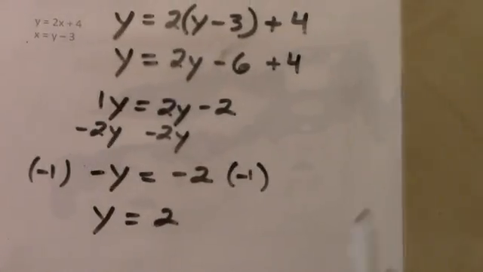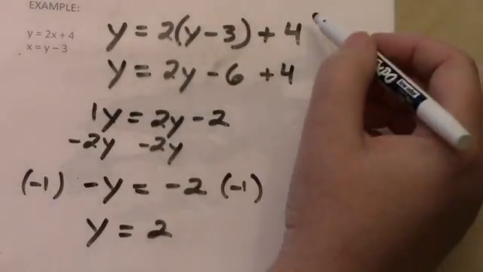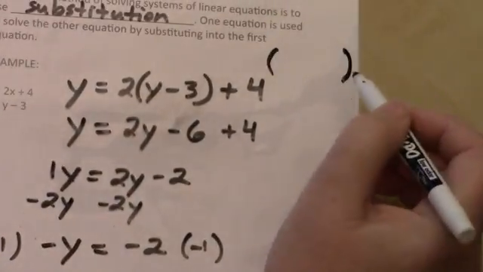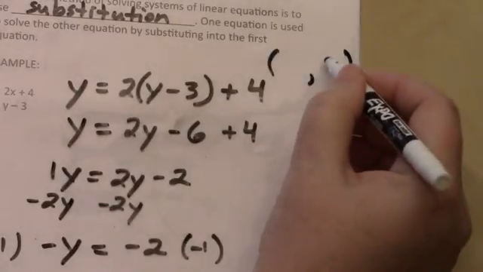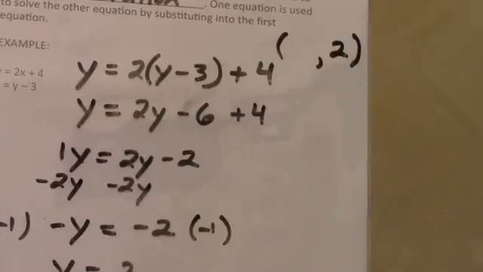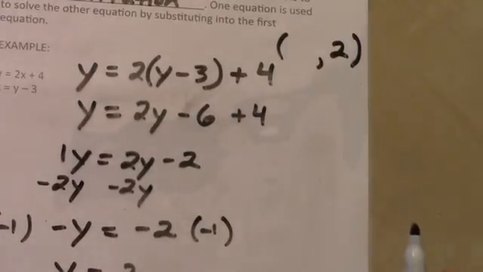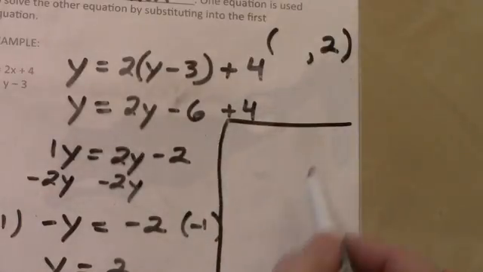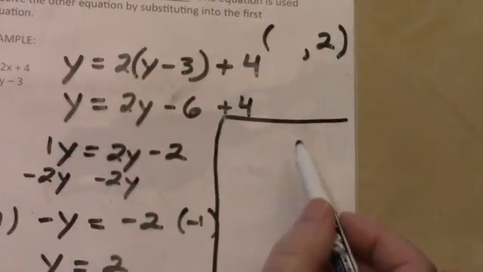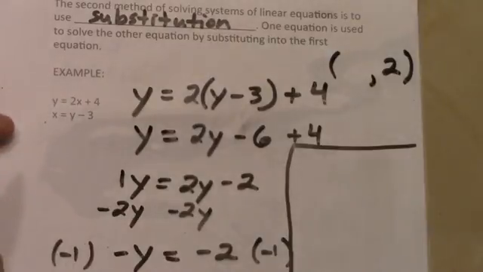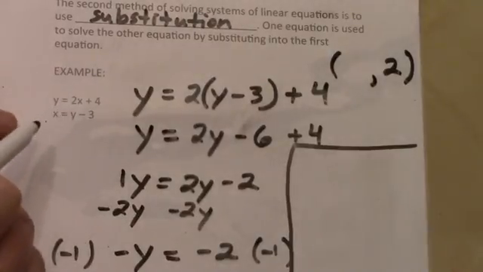Well, I have found y. What's my solution? My solution is going to be a coordinate. So let me make a note up here. I just figured out what y is, and that's 2. Well, now I can take that information and substitute that into one of the equations. And it doesn't matter which one I do.